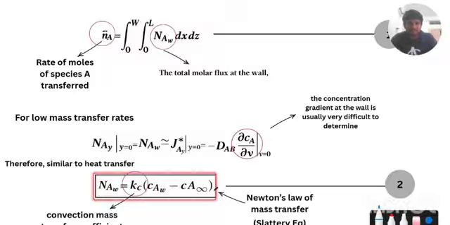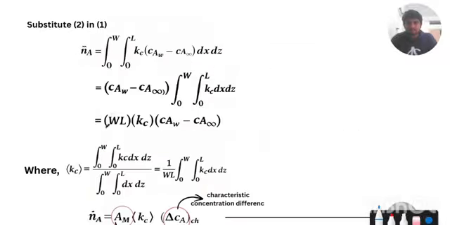So by substituting this Slattery equation, equation 2, in equation 1, we will get small nA equals the integration from 0 to W, integration from 0 to L, of Kc (CAW minus CA infinity) dx dz. After integration, we will get WL, which is the area, into Kc into (CAW minus CA infinity).